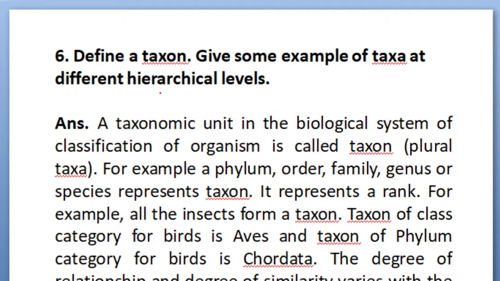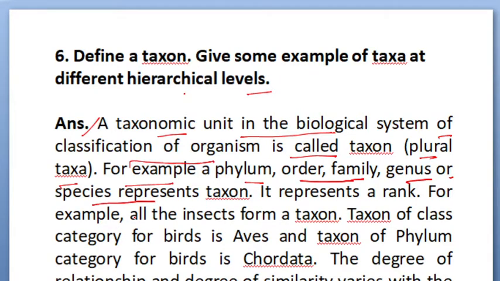For example, if phylum, order, family, genus, or species represents a taxon, it represents a rank. For example, all the insects form a taxon. Taxon of class category for birds is Aves, and taxon of phylum category for birds is Chordata.